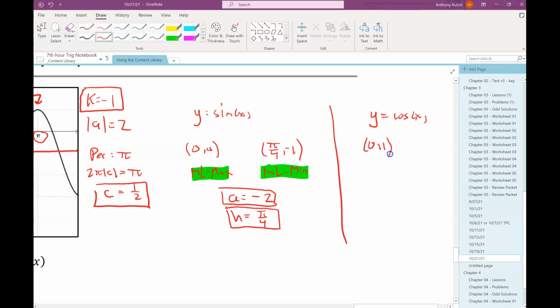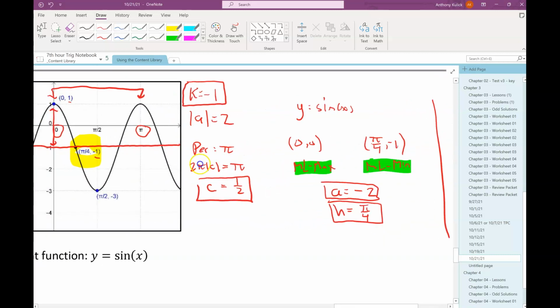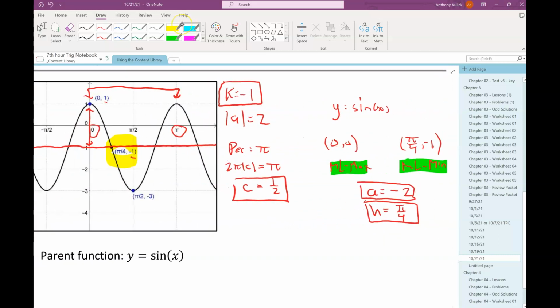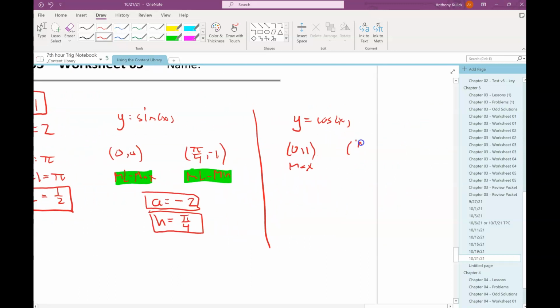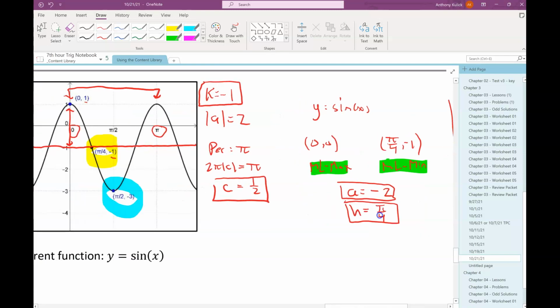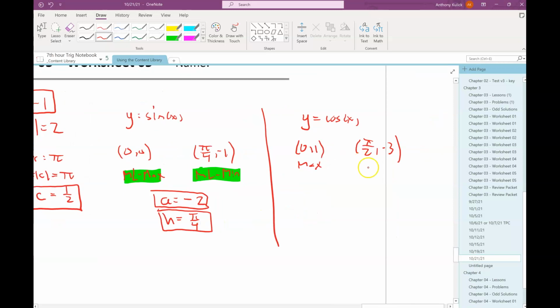If I'd used cosine, I'm going to use the point 0, 1, which is a maximum, which means that I have to pick an extreme point from over here. So I could pick 0, 1, or I could pick pi over 2, -3. It doesn't matter. Let's say we pick this one, just for grins. And that was a minimum.